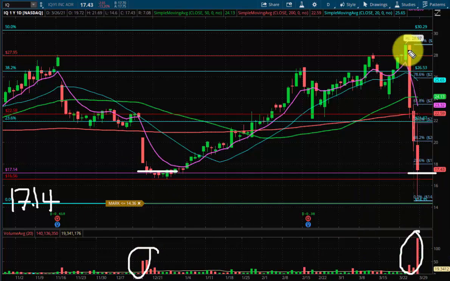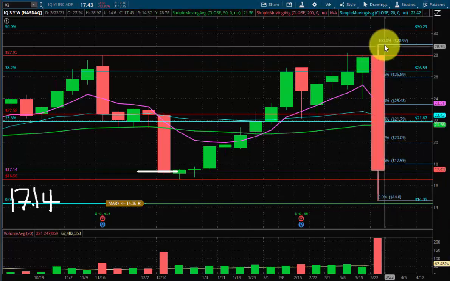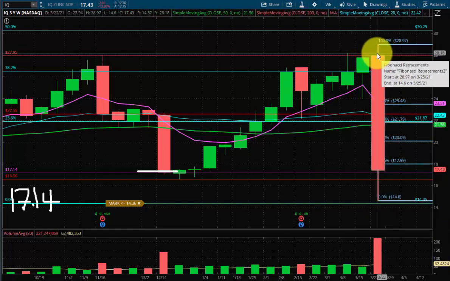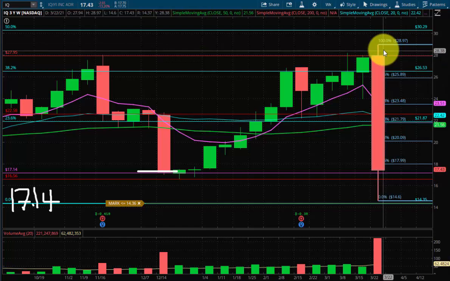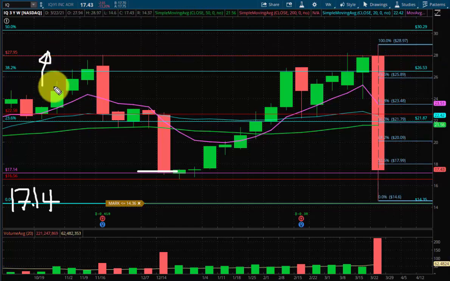So what we're going to do is take last week's candle. We're going to switch this from the daily time frame to the weekly, and we're going to draw our fibs on this candlestick, our Fibonacci retracements. Again, it seems more advanced, but the best part is that since there's a big price move and very high volume, it makes it really easy to get distance targets.